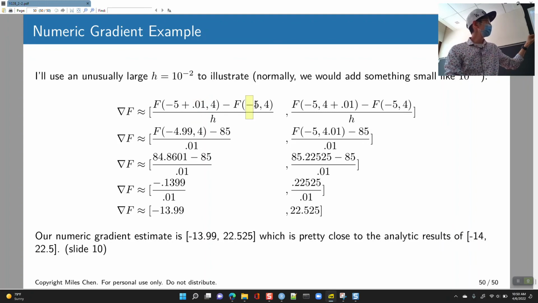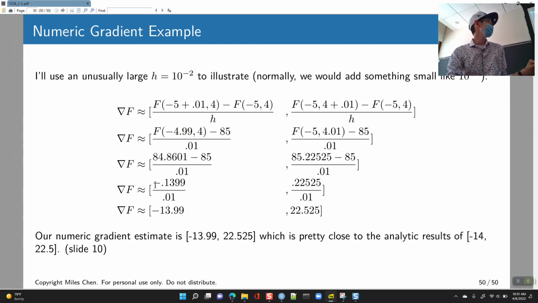So -5, 4 gives me a value of 85, but I'm going to plug in -5 plus 0.01, so -4.99, 4. Again, x2 remains unchanged. x2 remains 4. I don't touch the 4 here. What is the value of the function when I plug in -4.99? I get 84.86.